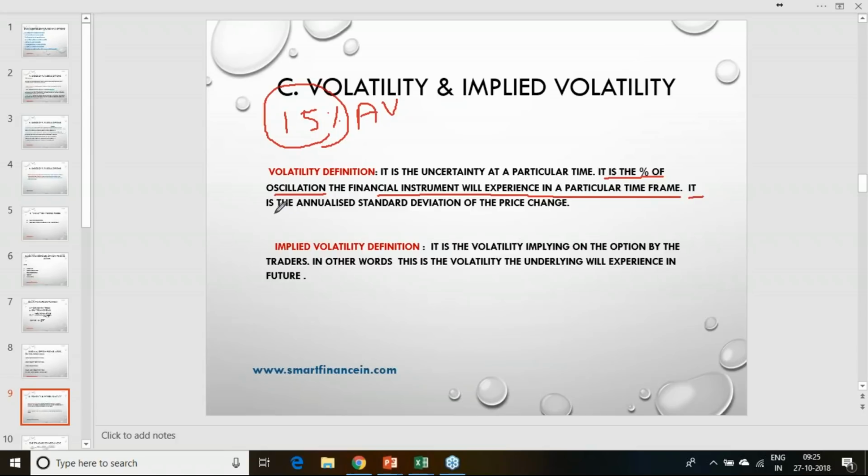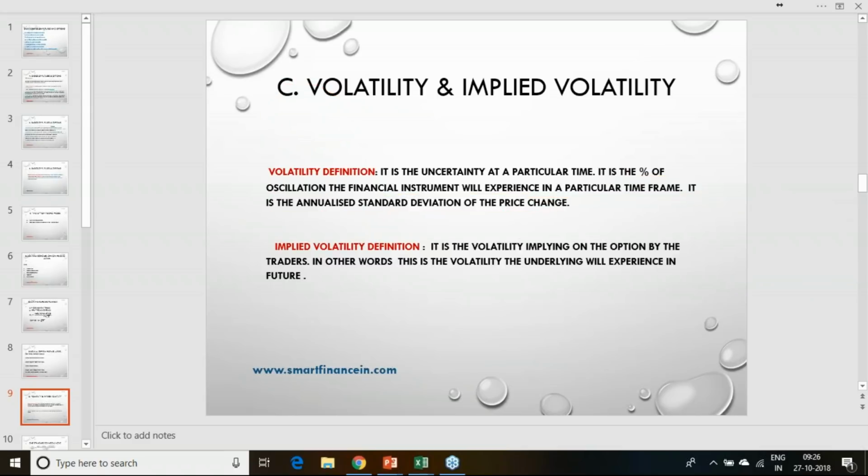The mathematical definition says that volatility is the annualized standard deviation of the price change. So whatever the price change is, its annualized standard deviation is known as the volatility. This 15% of oscillations I may experience, I do not know whether it will be upside or downside oscillations.